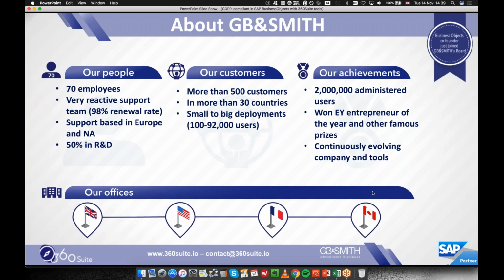We've got about 50% of the 70 people working in R&D, and we've got support based in Europe and North America as well to cover every time zone. We've got more than 500 customers, about 2 million administered users of BusinessObjects, and those customers are present in about 30 countries, small to big deployments, and we love to be innovative and to continuously evolve the tools as well.